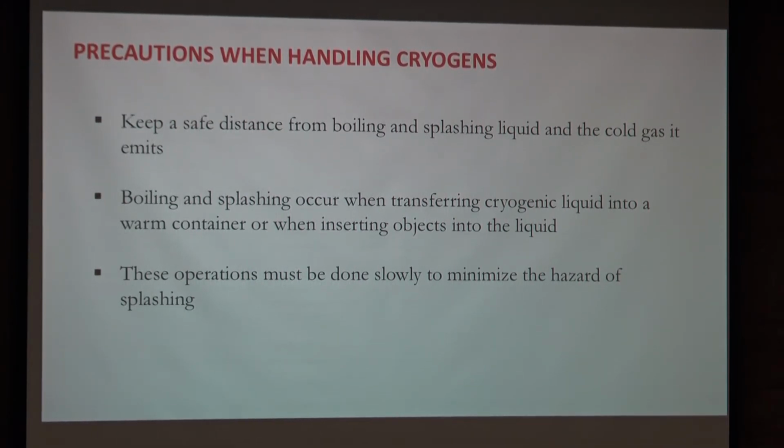It will boil rapidly, and the rapid boiling can create splashes that hit you in the face or on your clothing. So in these cases, when you start out with a container that's substantially warmer than the cold liquid you're handling, you want to operate extremely slowly and cool the container down very gradually in order to minimize the danger of spills and splashes getting on you.